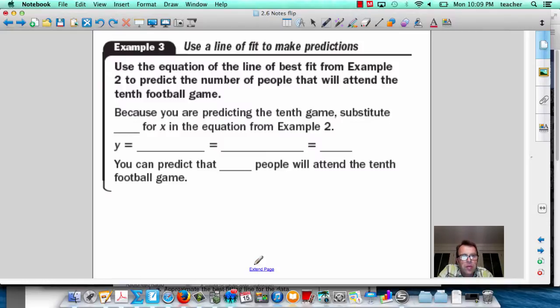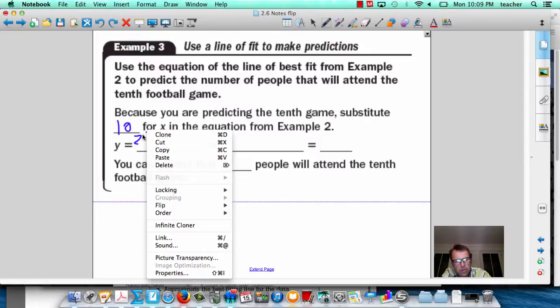So example 3 here says use the equation of the best fit line from example 2 to predict the number of people that will attend the 10th football game. Because you are predicting the 10th game, substitute 10 in for x. And here we will plug into our equation.